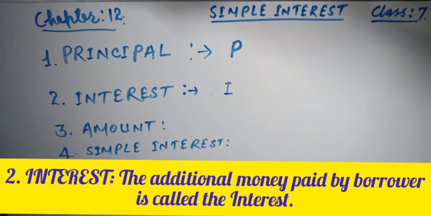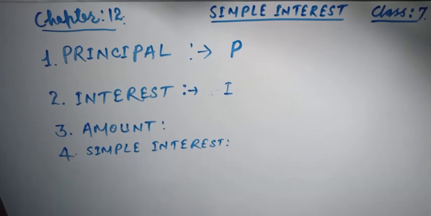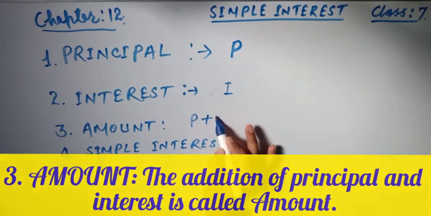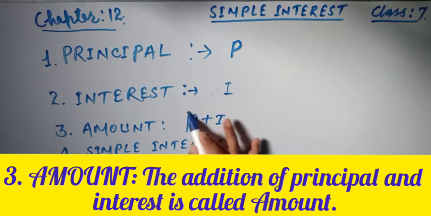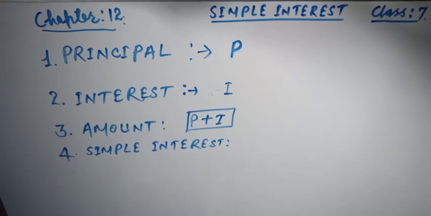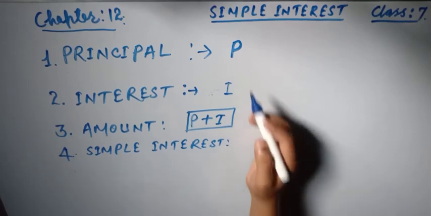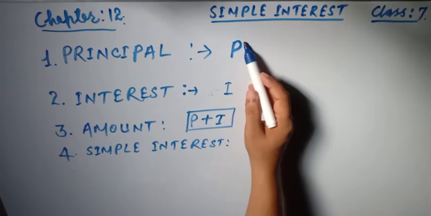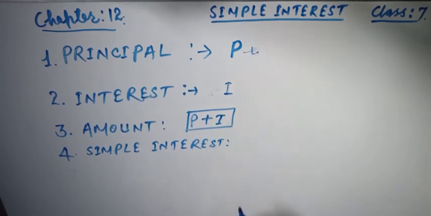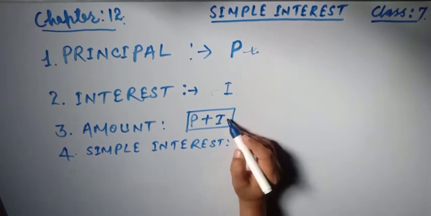Okay. Now next, friends, amount. So amount is very simple, friends. Principal plus interest, that is called the amount, or we can say the total money paid by the borrower to the lender is called the amount. Because the borrower took the money as P the first time, and for a certain period the borrower has to pay some additional amount.